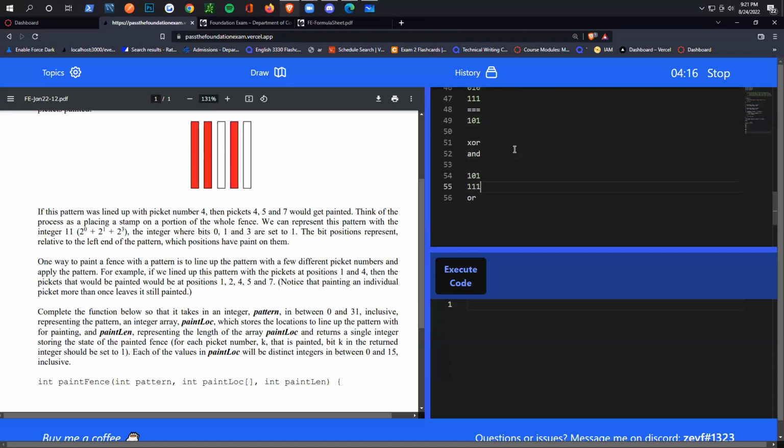When it comes to AND, it'll only keep places painted where, you know, it was already there. So 1, 0, 1, right? But the whole difference, because here it looks like, okay, let's say this is the fence, right?